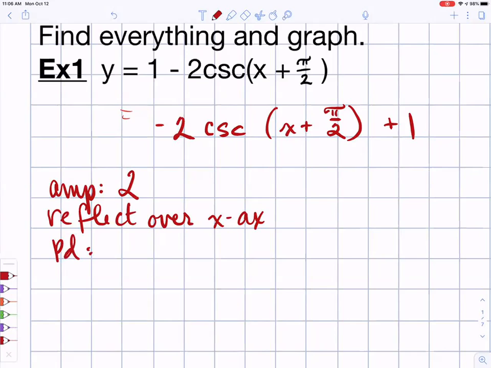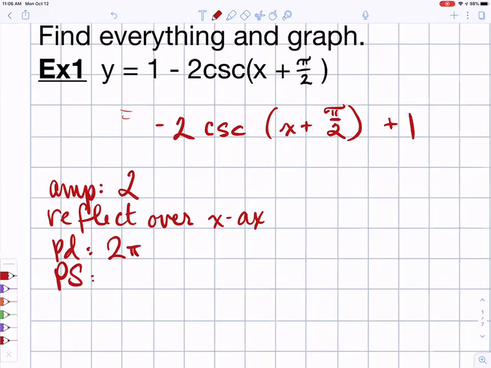And what's my period? Yeah, how do we know it's 2 pi? What's the formula? 2 pi over b, and in this case, my b is 1, okay? Because that's what's out in front of the x, all right? So 2 pi over 1, which is 2 pi. What else do I know? Phase shift.